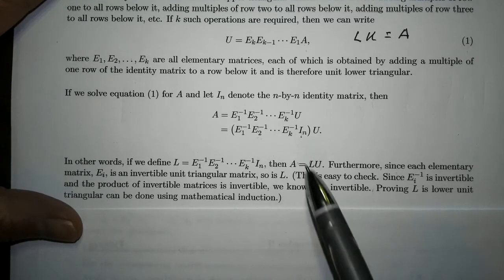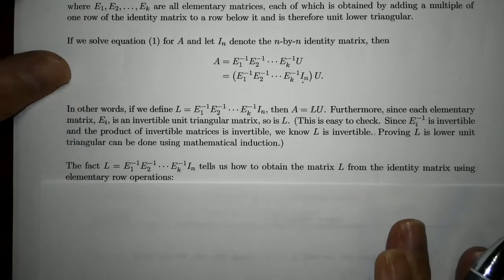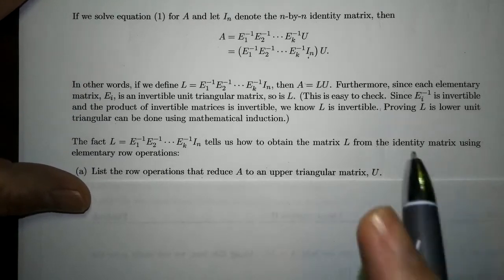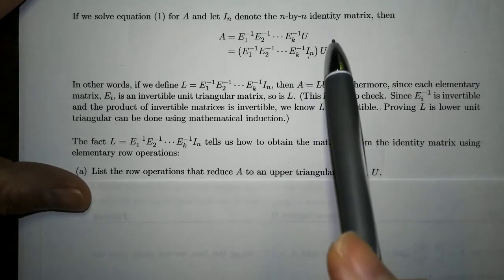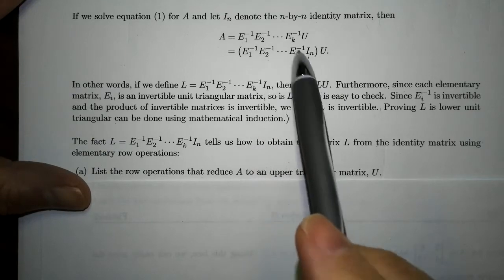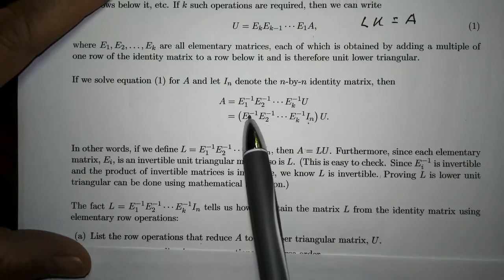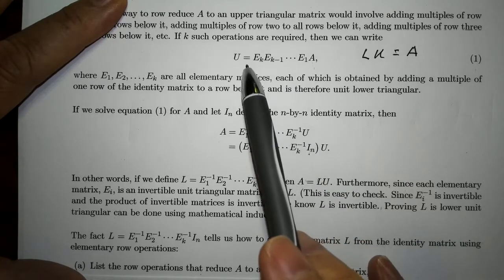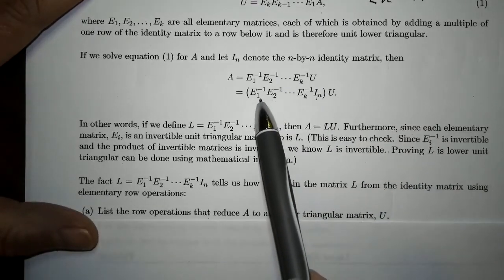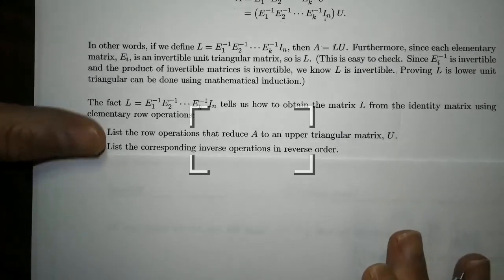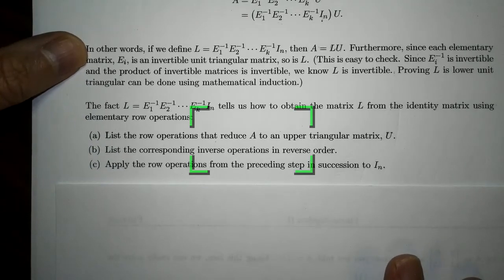Now, how do we do this in practice? We list the row operations that reduce A to the upper triangular matrix U. Each of these corresponds to a row operation, the row operations that take us from A to U. And then we apply those inverse operations, but in the reverse order, to the identity matrix, and that's what gives us L. Okay?